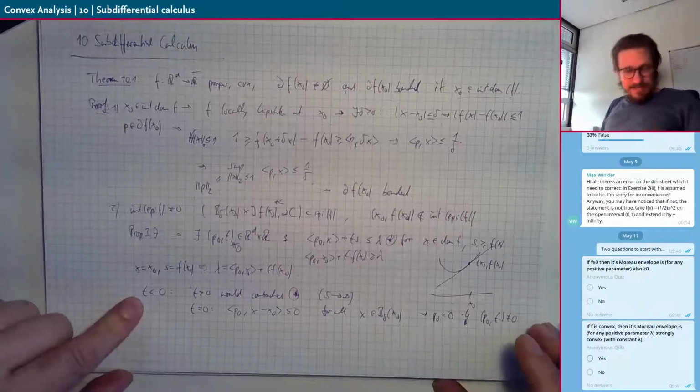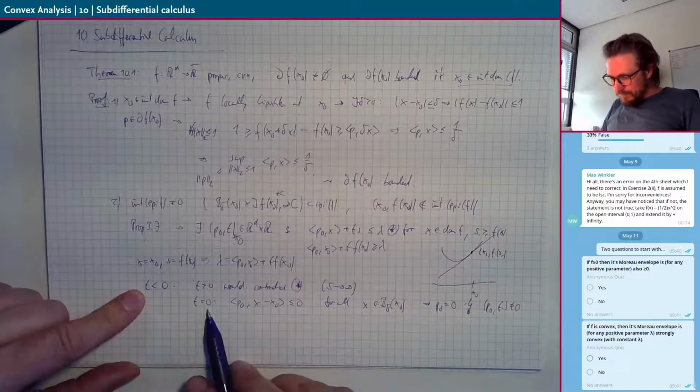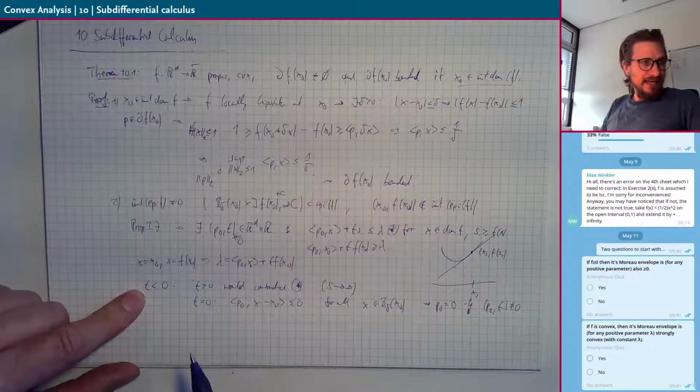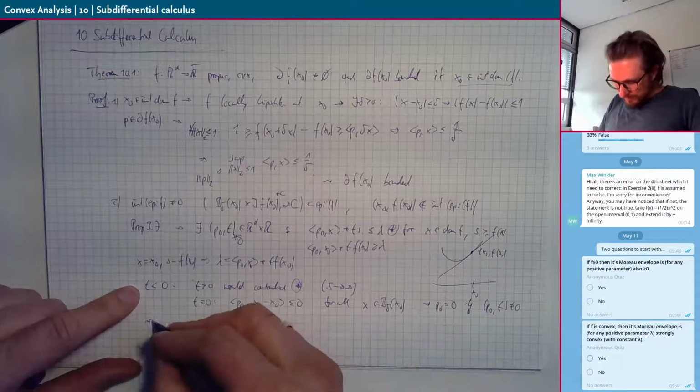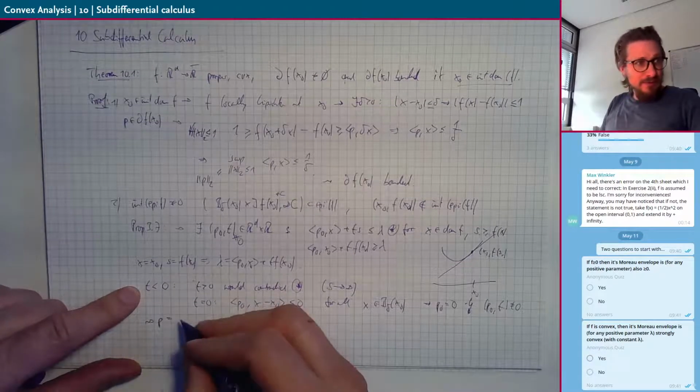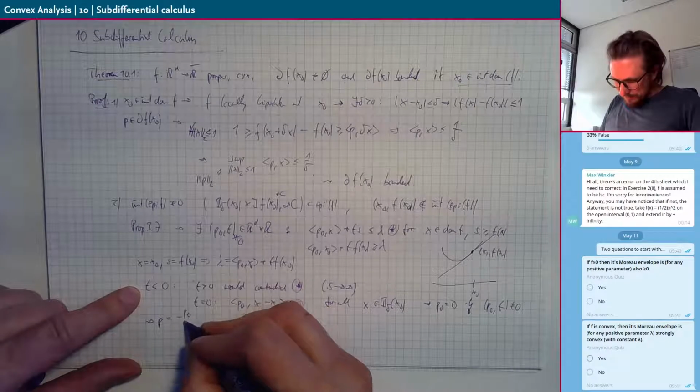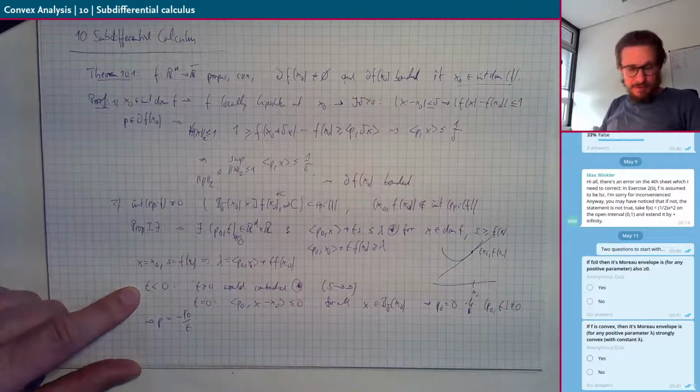So t is in fact negative, it's non-zero, and now what we do is we set p equal to minus p0 divided by t, and this will be a subgradient.